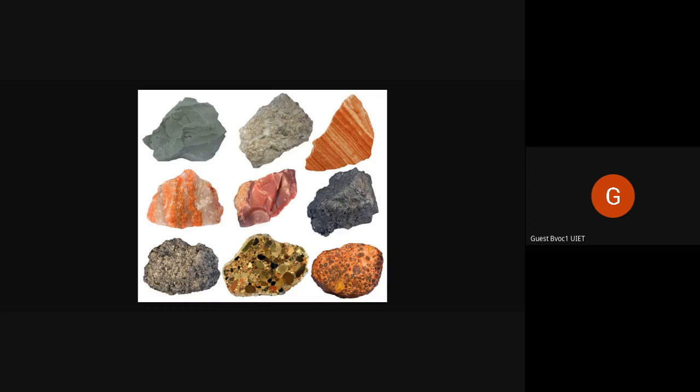The name is given to these rocks because when the original rock is subjected to temperatures above 150 or 200 degrees Celsius, the increased pressure and temperature make the physical and chemical properties of these rocks change, and the result is a metamorphic rock.